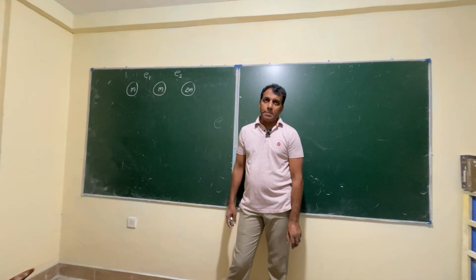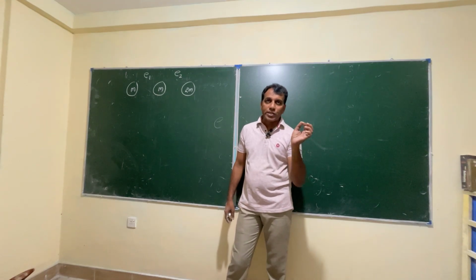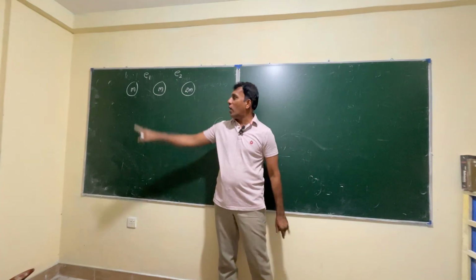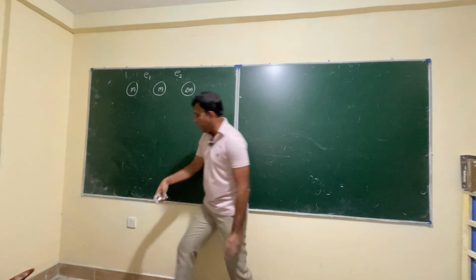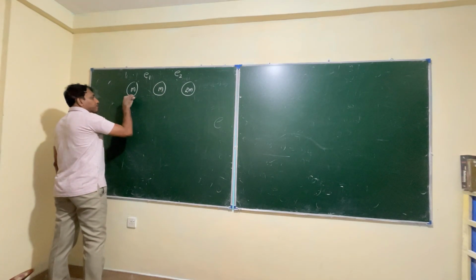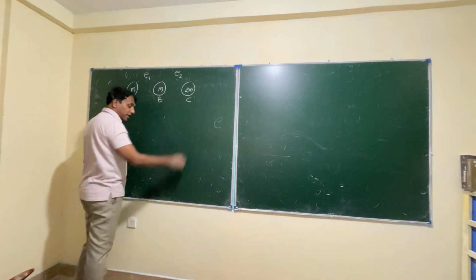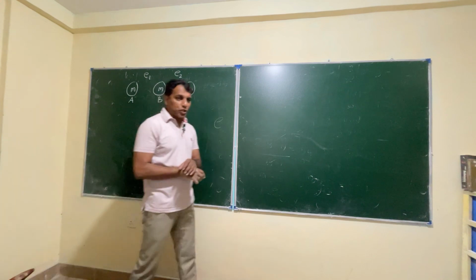Now what they said: the first ball is projected towards the second. Let me call them A, B, C along a straight line.